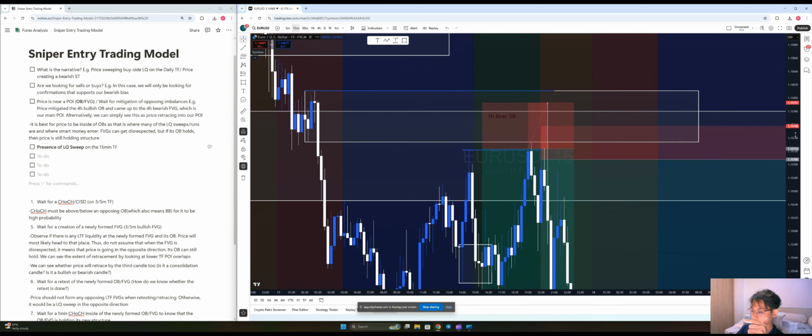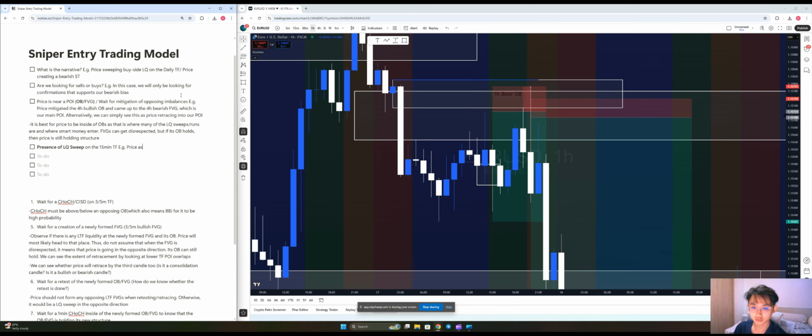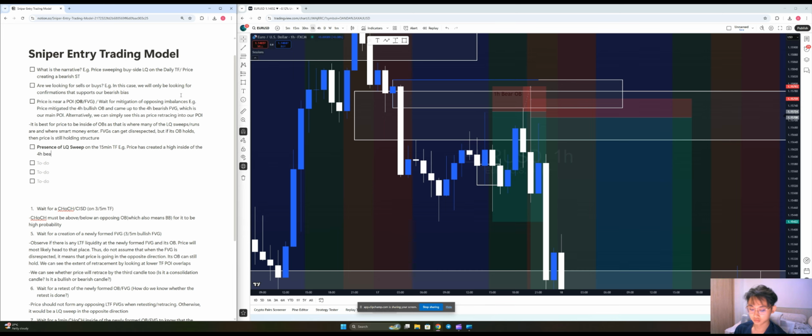Price has created liquidity. Price has created a high inside of the zone as it got retested.